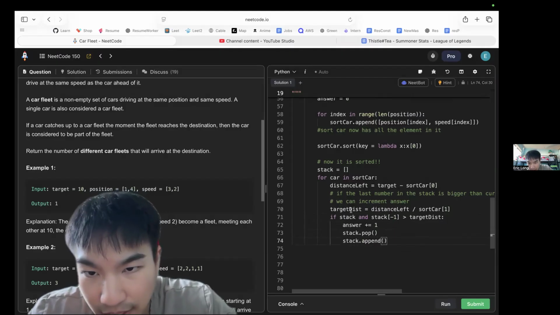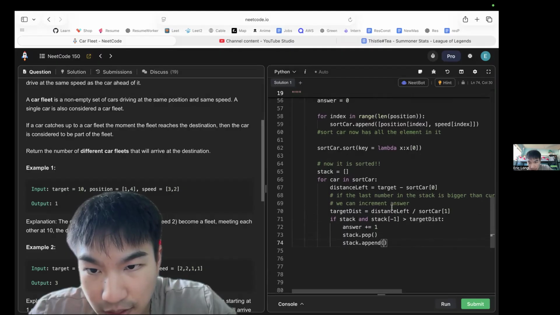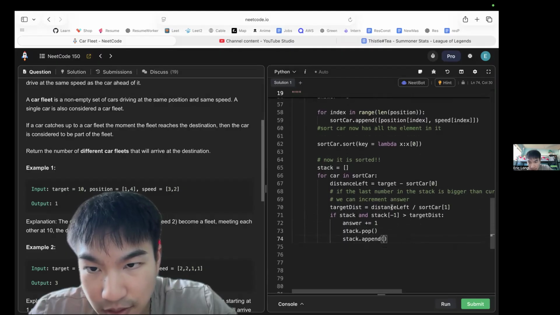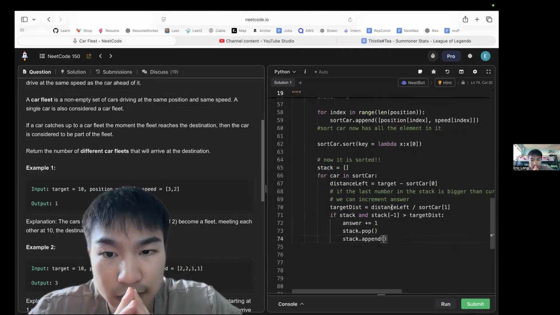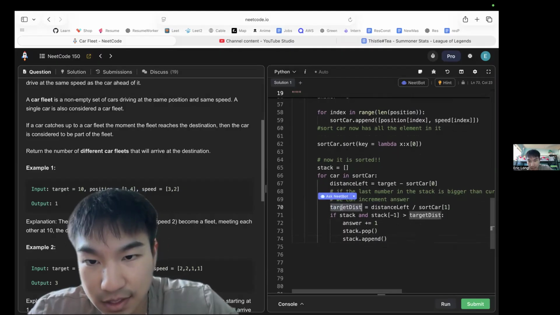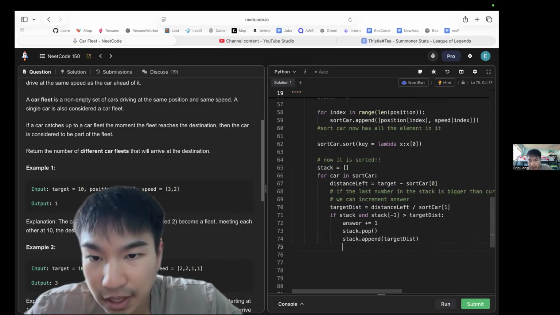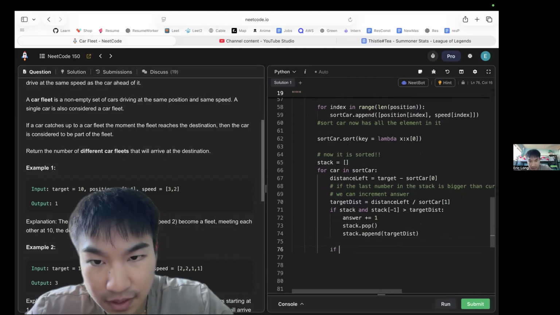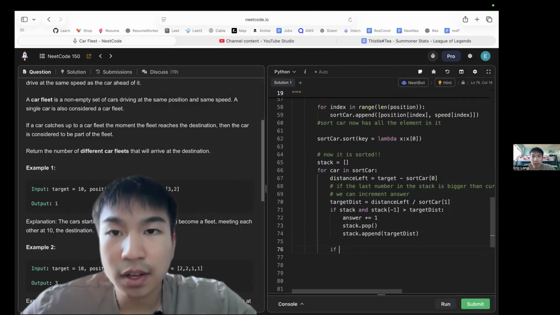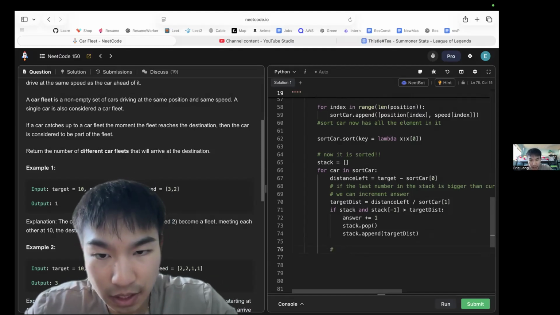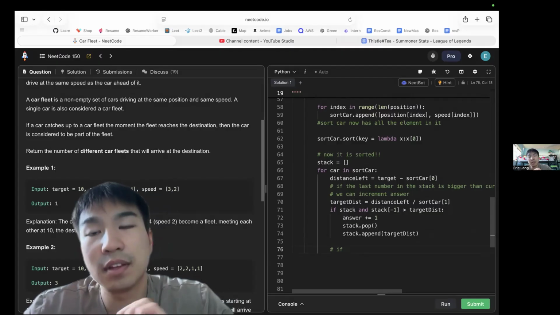Now stack, append. Let's append our new car, but we need the car's actual target distance. The other condition would be if it was larger.